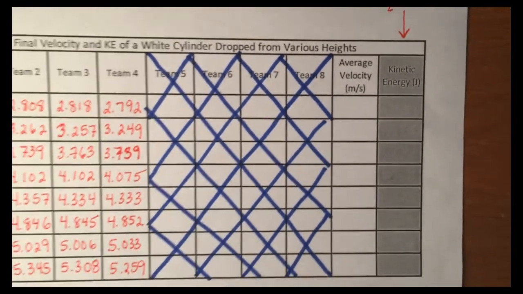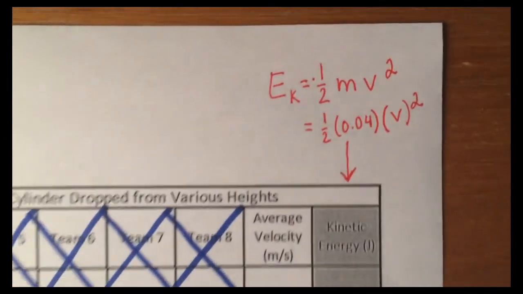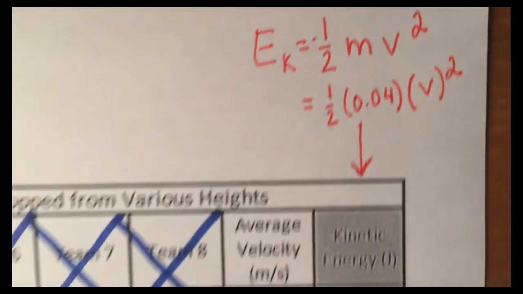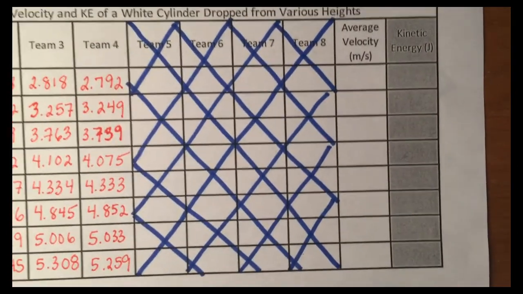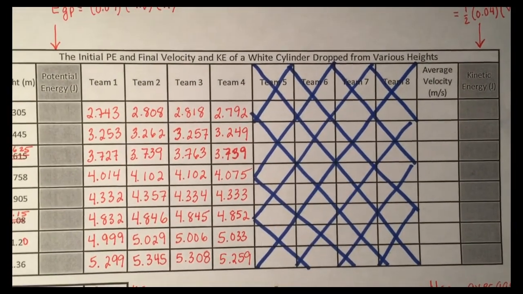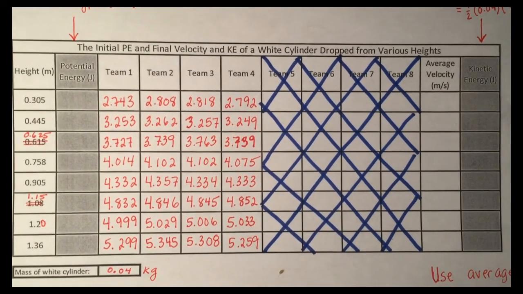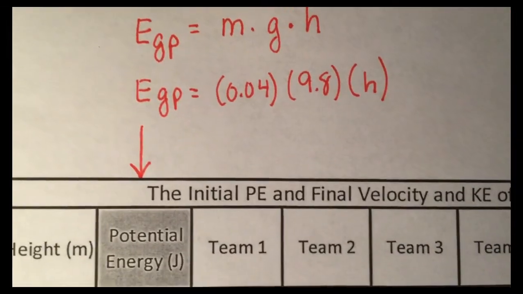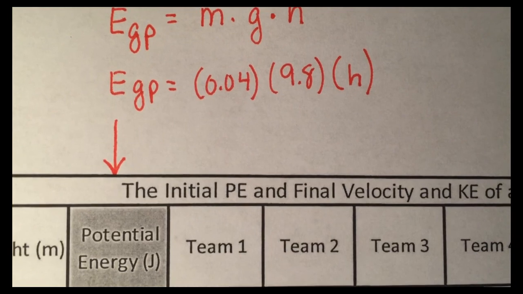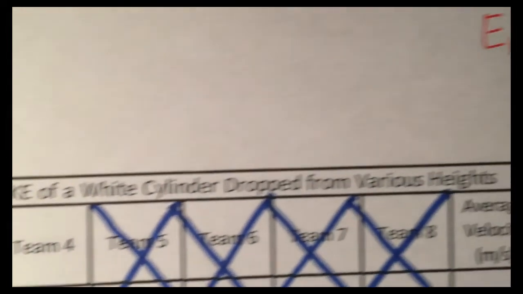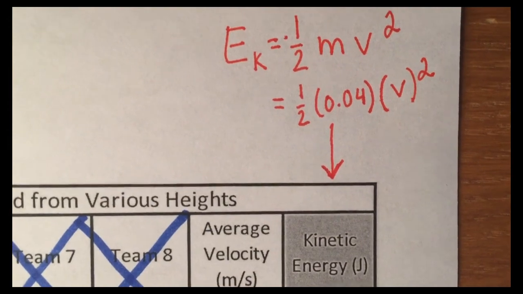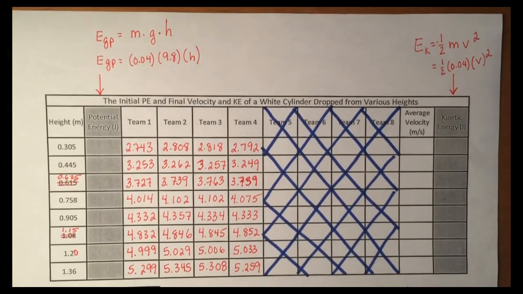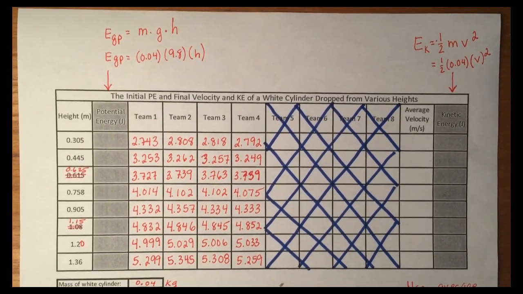Then use the average velocity to calculate the kinetic energy, 1/2 mv squared, and record that in that final right-hand column. And then you'll be able to graph and therefore compare our gravitational potential energy of our white cylinder at the top of the tube and the kinetic energy of our cylinder at the bottom of the tube. And you can have your prediction ready and then see what happens when you make your graph.